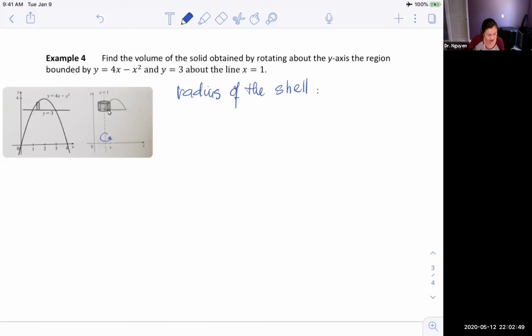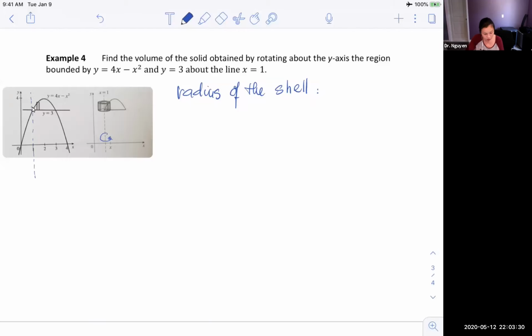So how do we get the radius? The radius would be x minus 1. At x equals 1, if you plug it in, you're going to get y equals 3. So this point right here is (1, 3). If I draw a line right here, this is the line x equals 1.